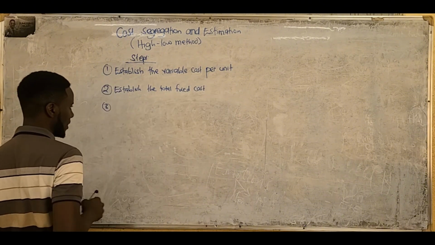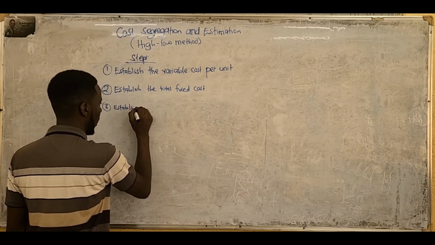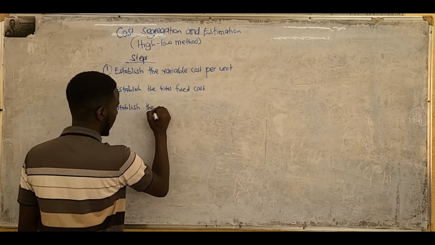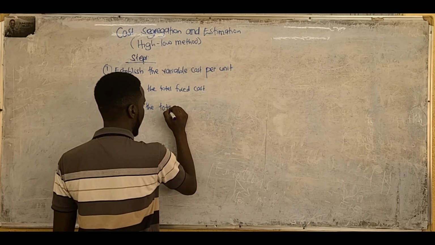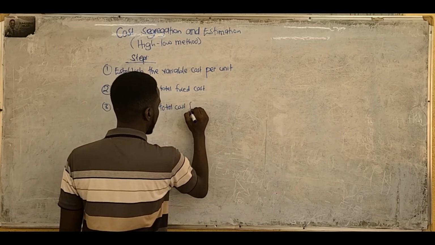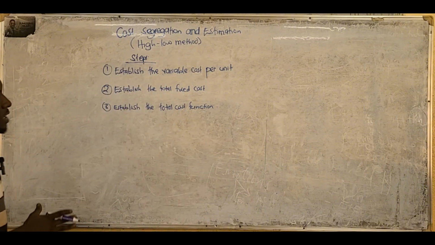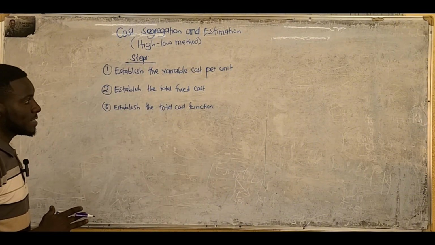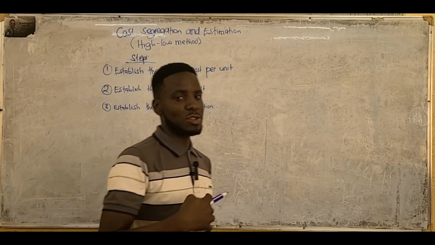And then lastly, you establish the total cost function. With this, you can separate and also estimate future costs associated with a given output.